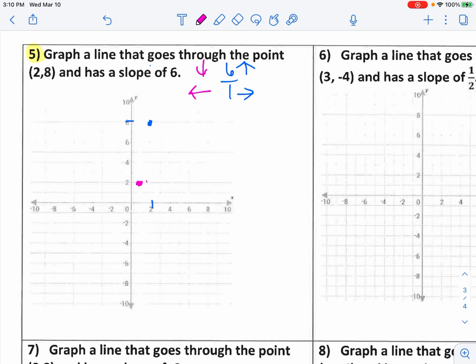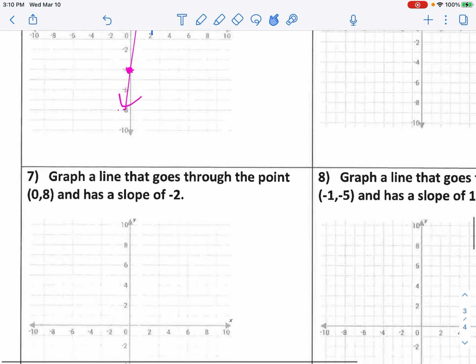If I'm at 2, I'm going to go down 6. That would put me down at -4 and left 1. Then you can draw your line. So this had a positive slope of 6, and this is a positive line because it's going up from left to right. So if your points are going to take you off the graph, instead of going up and right, you can actually go down and left to work backwards down the coordinate plane.